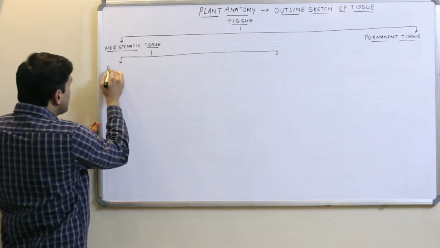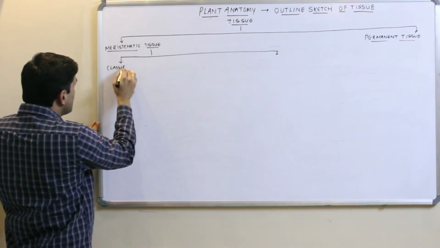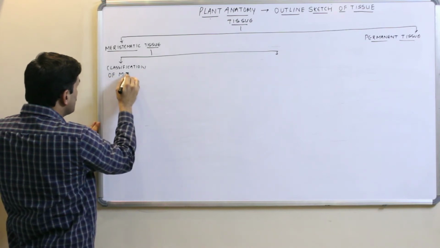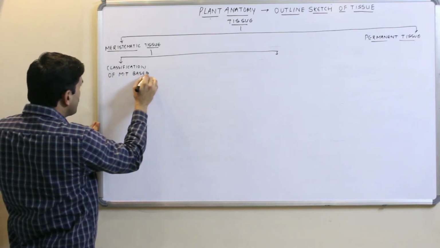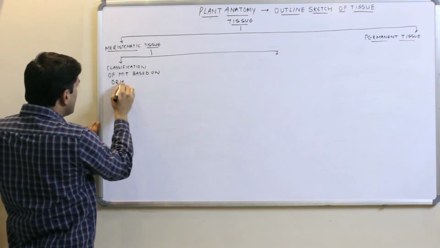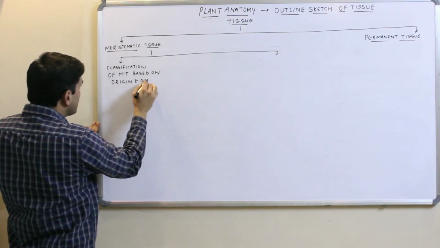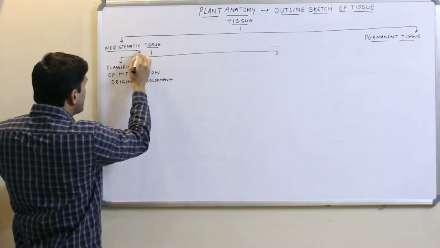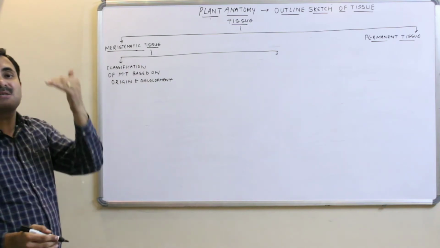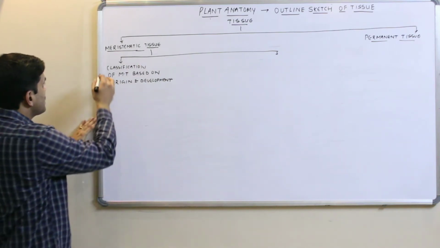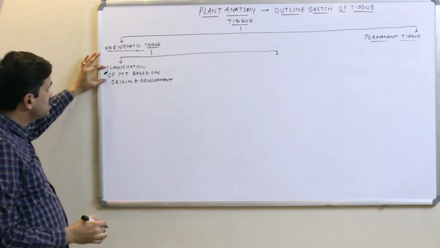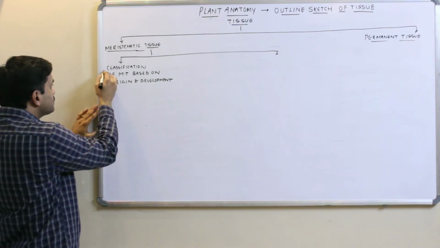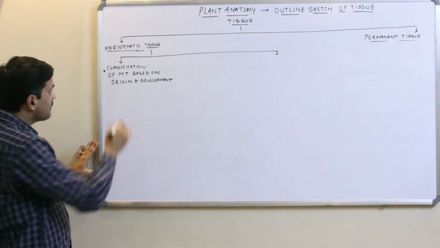This meristematic tissue is classified in various ways. The number one is classification of meristematic tissue based on origin and development. Again I am repeating, the meristematic tissue is classified on various bases.